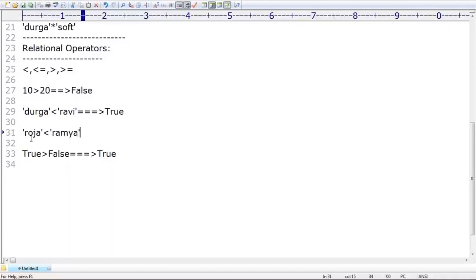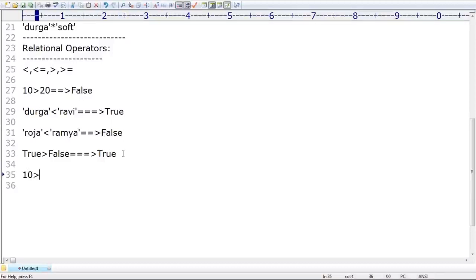First character R matched, so comparison moves on. Now O and A: O is bigger than A, so Roja is bigger than Ramya, and using the less than symbol the answer is False. There is no special mathematics; it compares character by character until the result is decided.